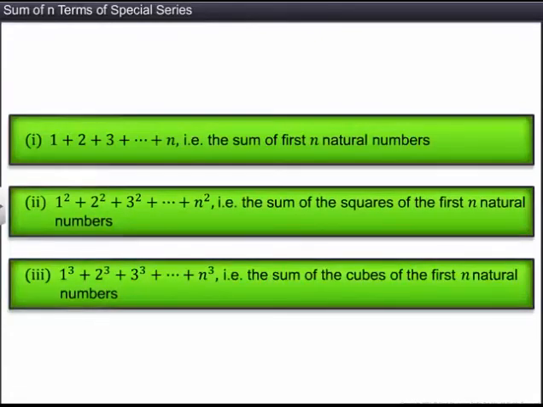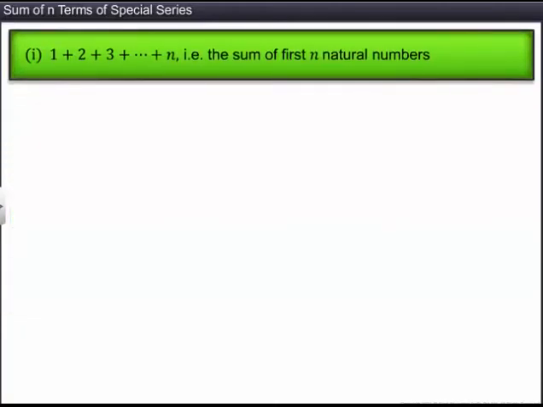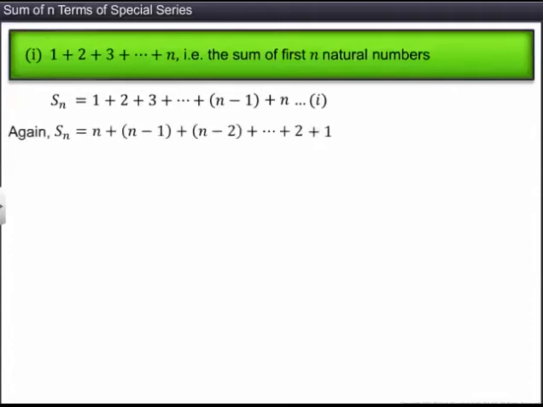Let's first find the sum of the first n natural numbers. Denote the sum of the first n natural numbers by Sn. Let this be equation 1. On rearranging the terms in the sum beginning from the last term, we get the same series again. Denote this by equation 2.